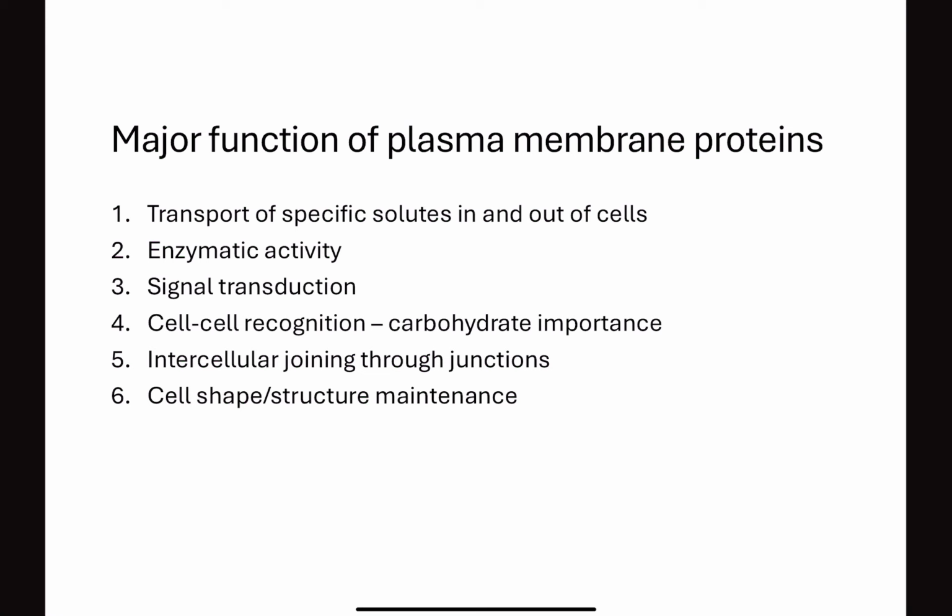It's going to include enzymatic activity. For example, some of the enzymes are going to catalyze one of a series of steps that we find in our metabolic pathways. They are helpful for signal transduction. They're going to relay hormonal messages to the cell.